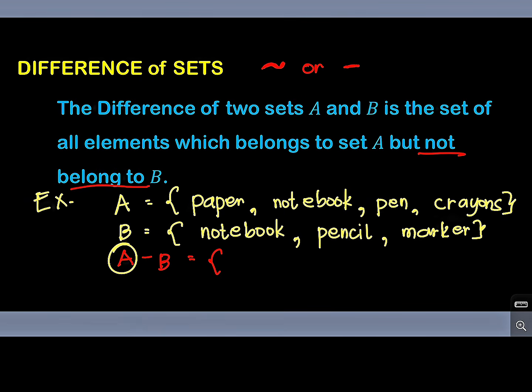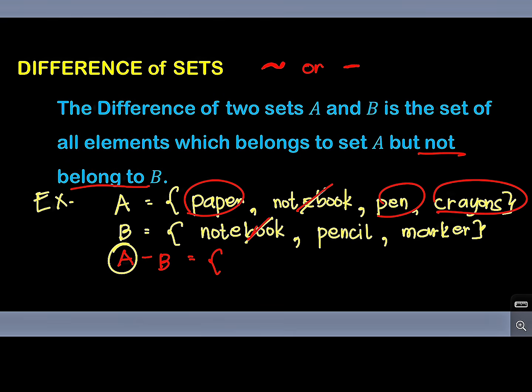We need to match again the common elements, and always remember, the first set that will be written in difference of set will be the basis of your answer after crossing out those common elements. Here we need to cross out the notebook because they are common to both set A and B.